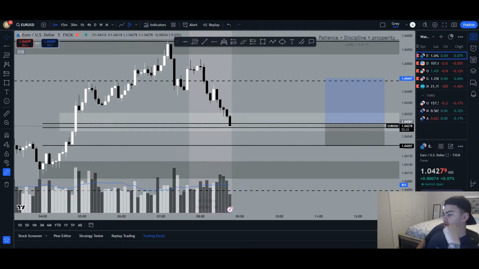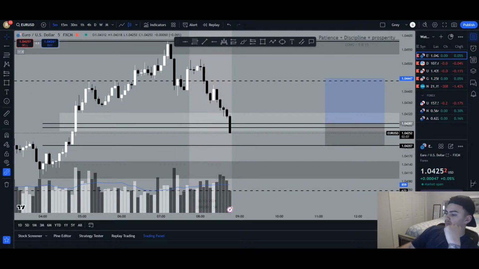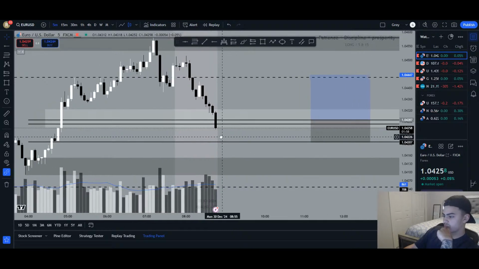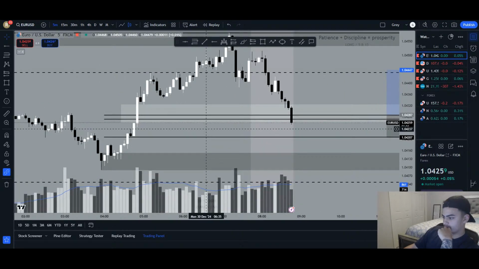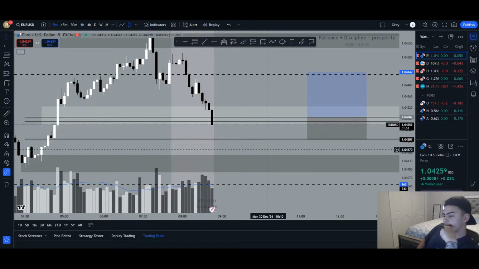Okay, so it reached my area. So it went below the fair value gap. There's still some manipulation here though. Still 2 minutes left till the candle closes. And it's still pushing down.